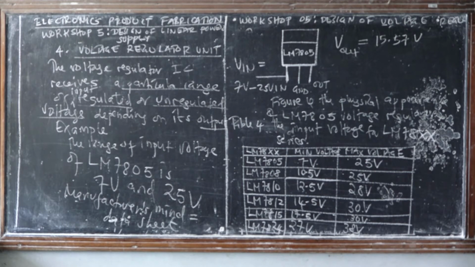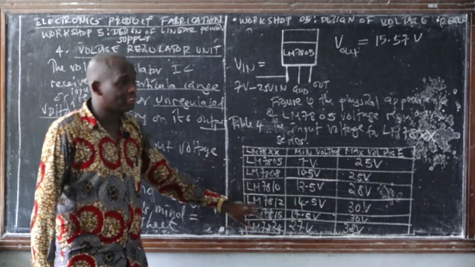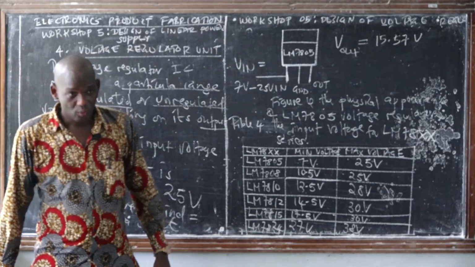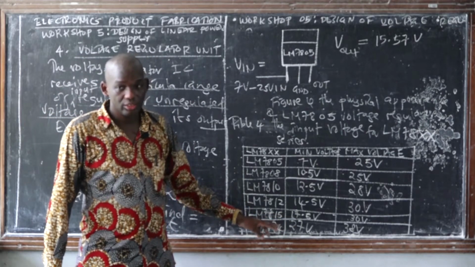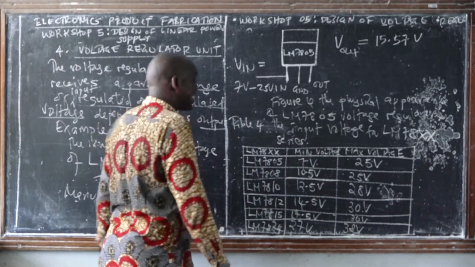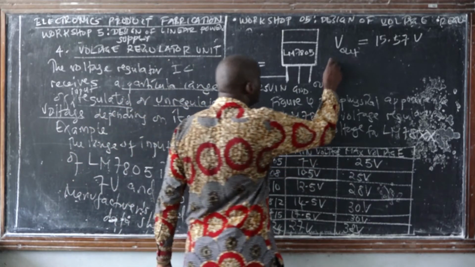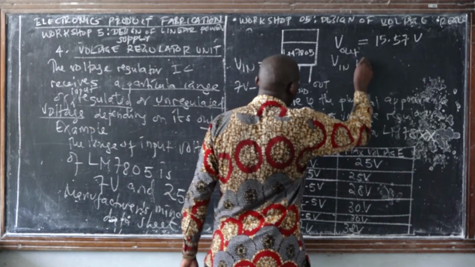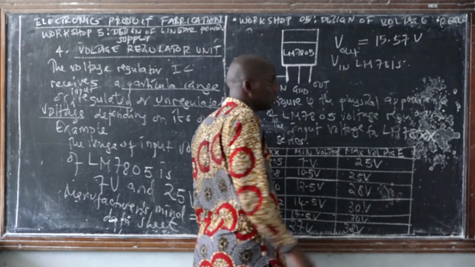So, for instance, in your design, you want to use LM7815. What is the recommended minimum input voltage of LM7815?